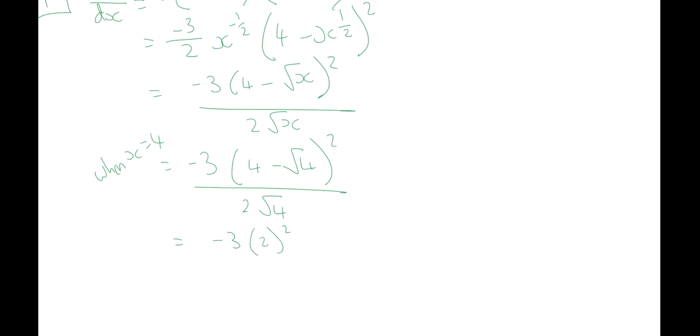All over 2 times 2, which is 4. So then we have negative 3 times 4, so negative 12 over 4 is negative 3. So that is the gradient at this point.